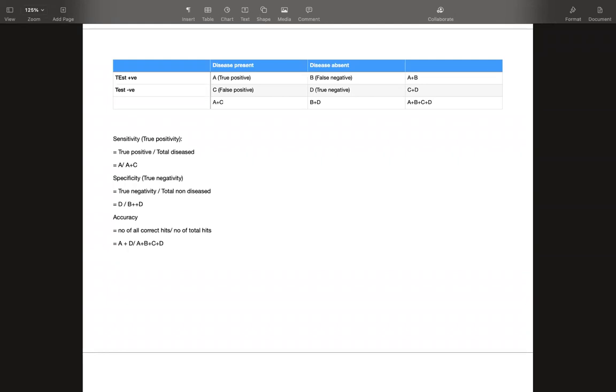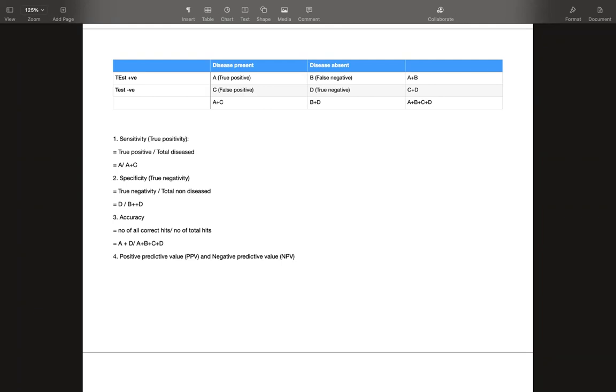We have discussed sensitivity, specificity, and accuracy, and now we are discussing the positive predictive value, which is also known as PPV, and the negative predictive value, which is NPV.